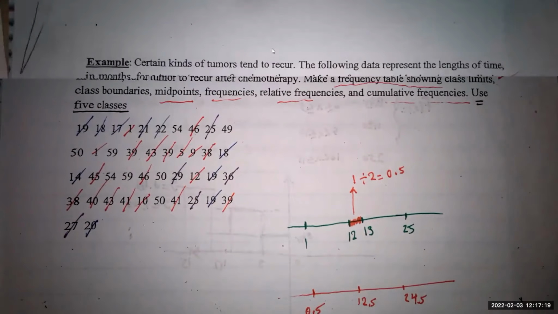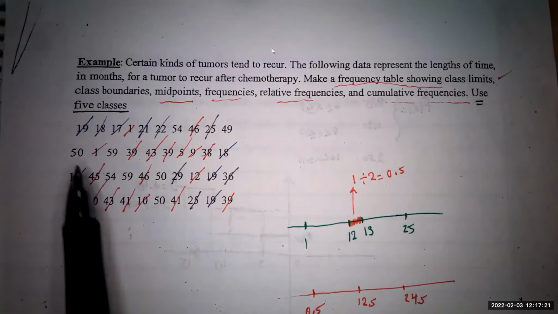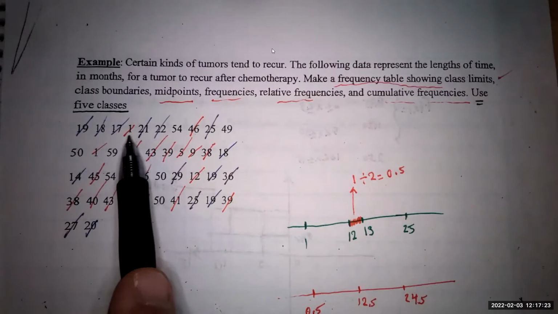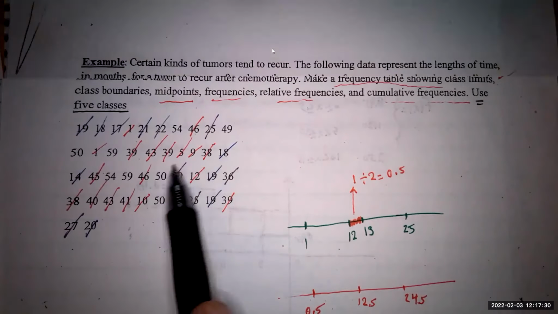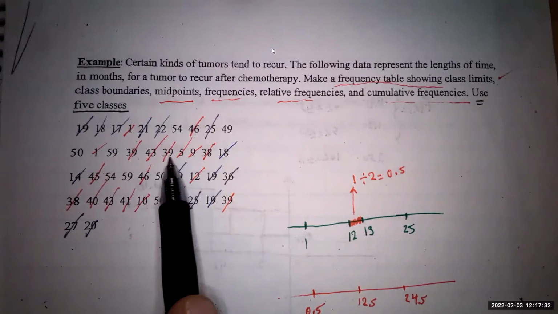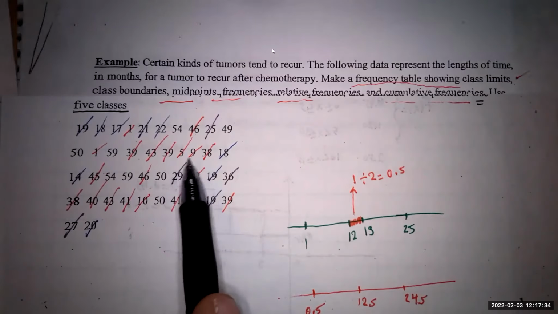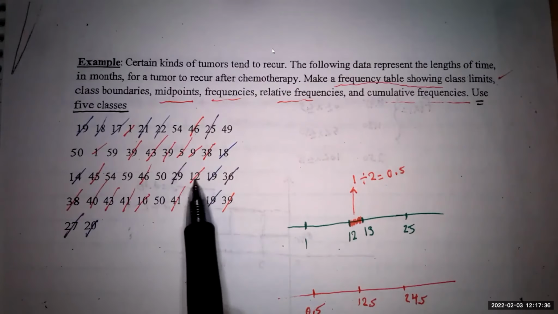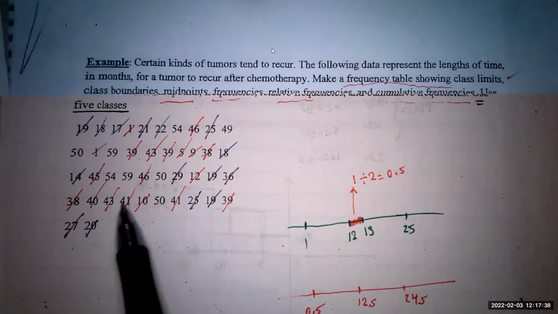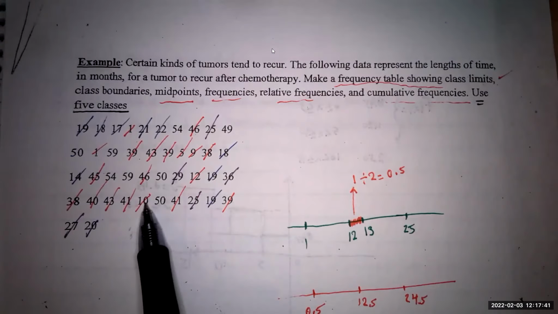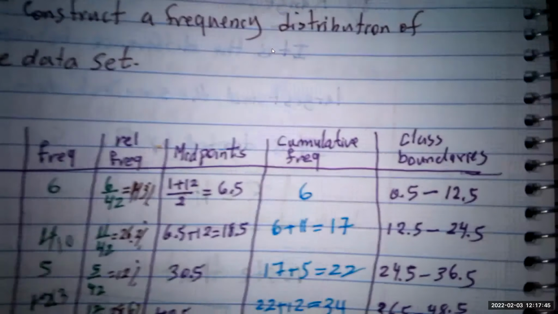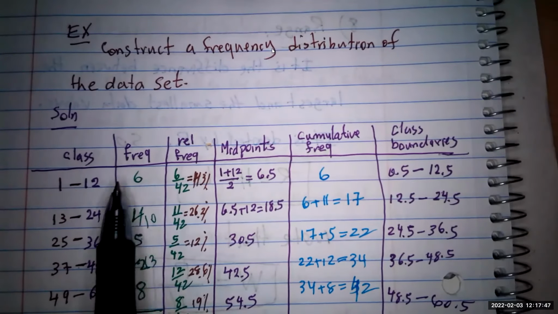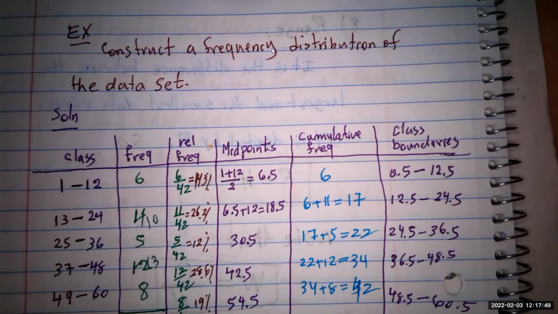If you count the numbers between 1 and 12, you get 1, 2, 3, 4, 5, and 6. So you find out that 6 patients have this between 1 and 12. So we put the 6 here, and then we get the other ones.